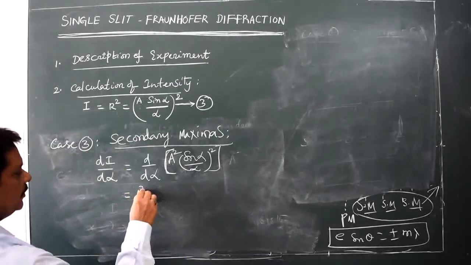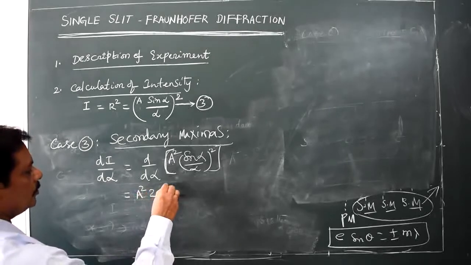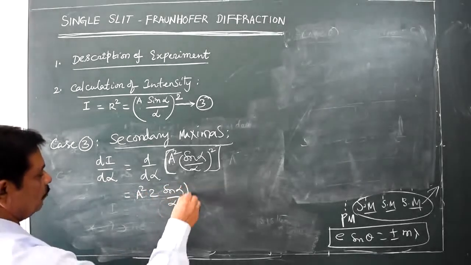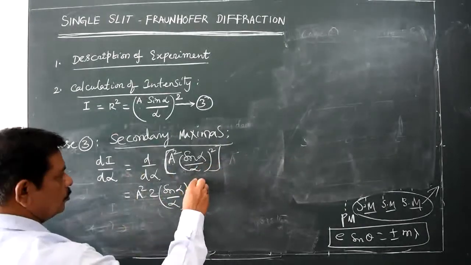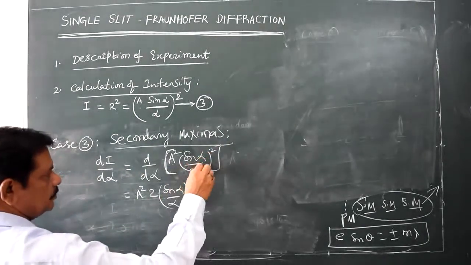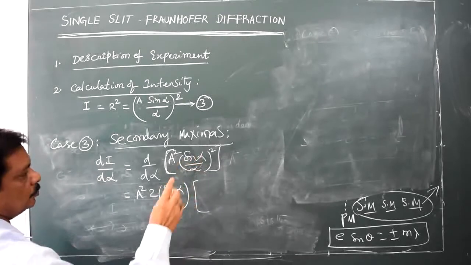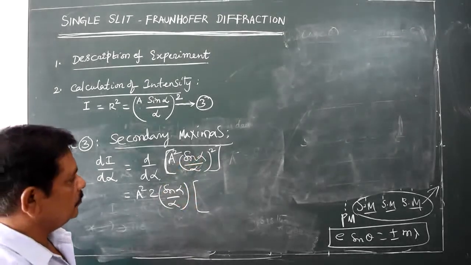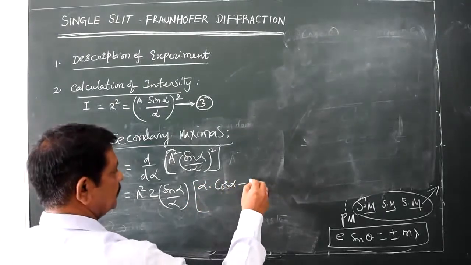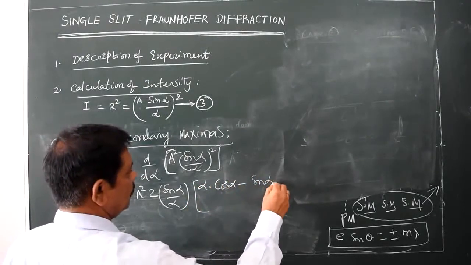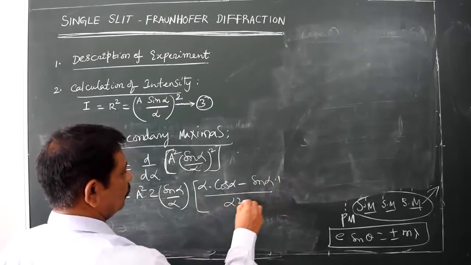So A squared is the constant, 2 sin alpha by alpha, differentiating this sin alpha by alpha whole squared. This bracket is to be differentiated with respect to the u by v formula. So alpha into cos alpha minus sin alpha into 1, by alpha squared.